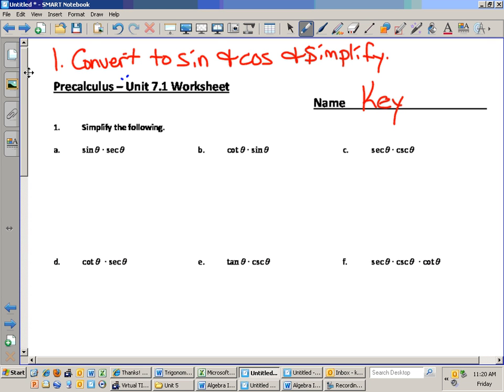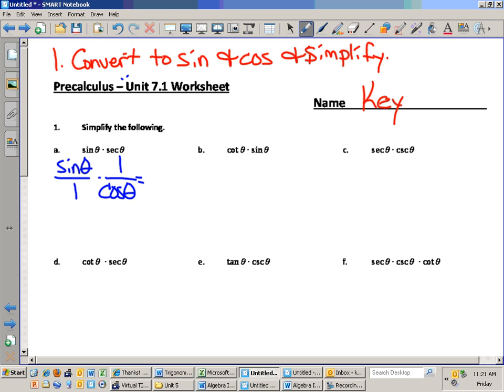And one way that we work to simplify things is rewrite in terms of sine and cosine. Sine is written in terms of sine, so I'm just going to write it, sine of theta. And I'm going to write over 1, and you'll see why in a second. Secant of theta is not expressed in terms of sine and cosine. How could I write it in terms of sine and cosine? 1 over cosine.